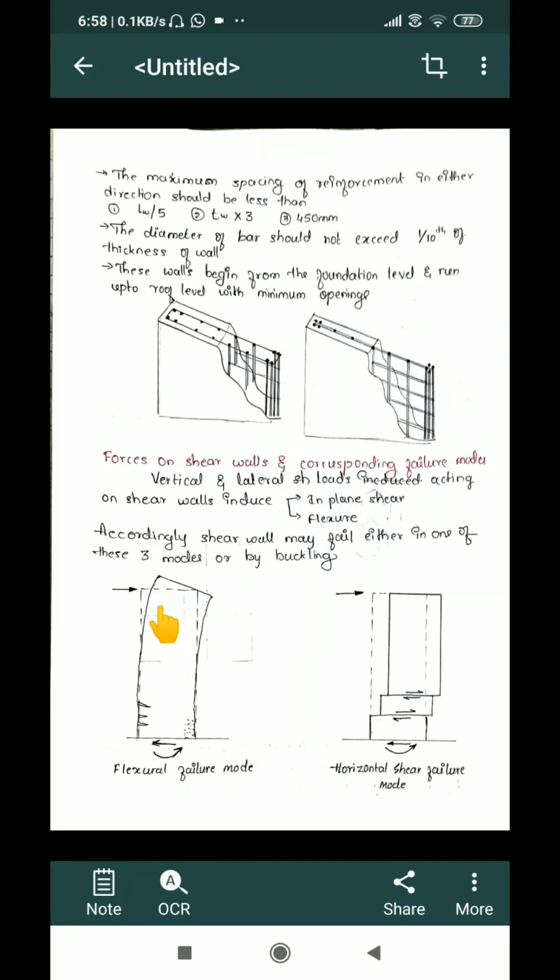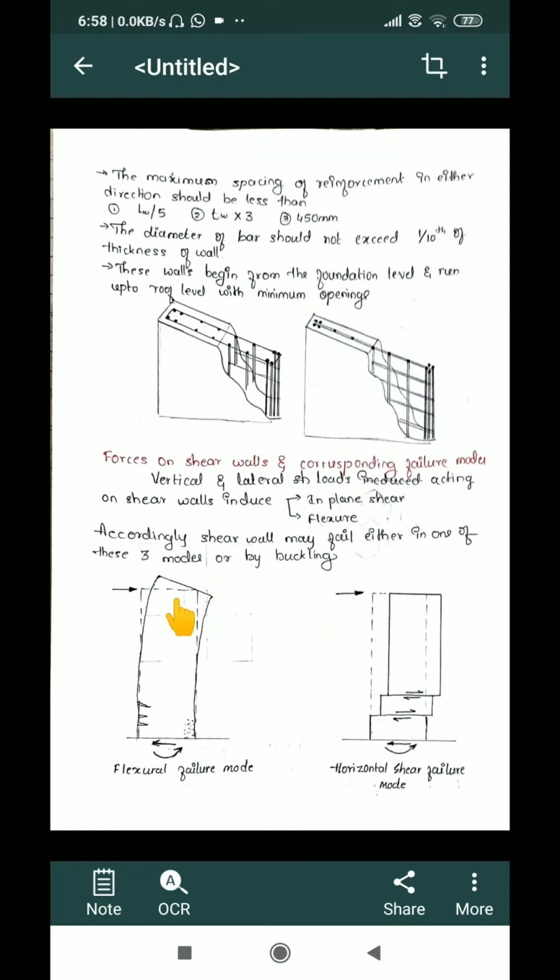If a building is flexible enough to take such differences or to resist such differences, then the building will be safer. But all materials will not be that flexible. For example, if I provide a window in this portion, then when the building deflects, it may happen that the window frame may get deflected or distorted.